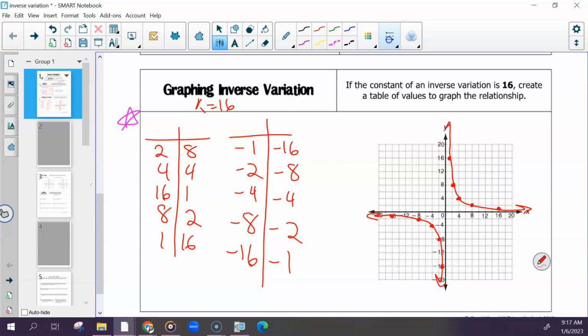Once you finish writing that down and graphing it, go on to the next page. Dana, make sure you're writing this down.